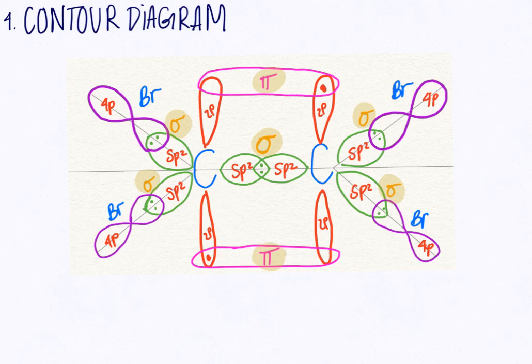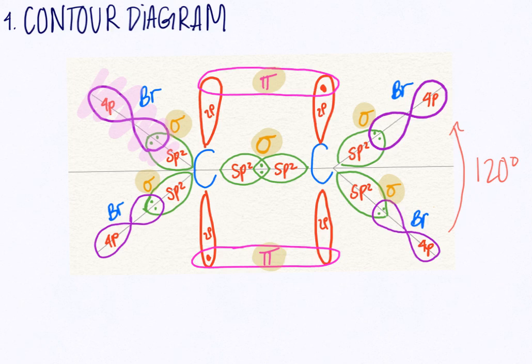We still do need to include that this has a 120 degree bond angle. It is shown in this contour diagram that there are no free radicals or any lone pairs, meaning that this diagram only shows bonded pairs. So right here would be a bonded pair.